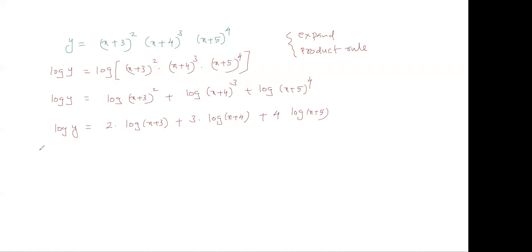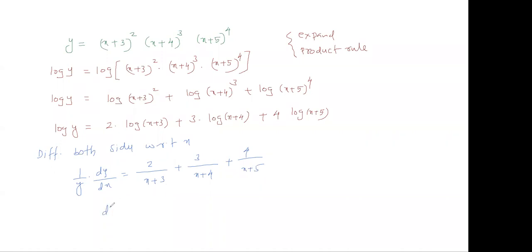Now you can just differentiate both sides with respect to x. So on the left side, 1 by y into dy by dx is equal to 2, a constant, into the derivative of log x which is 1 by x, so 2 by (x plus 3), plus 3 into 1 by (x plus 4), plus 4 into 1 by (x plus 5).